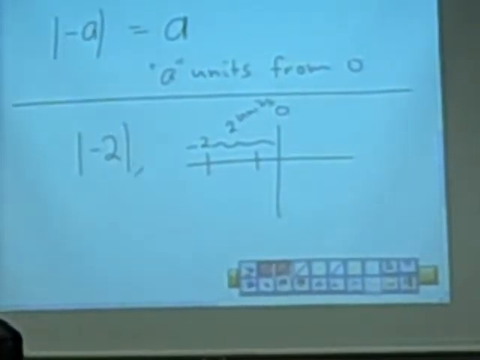So therefore, the absolute value of negative 2, and I exaggerate the absolute value sign so it doesn't look like 121 or 1 minus 21, is 2 units from 0.